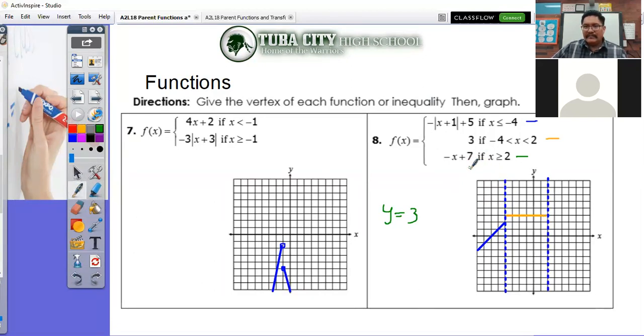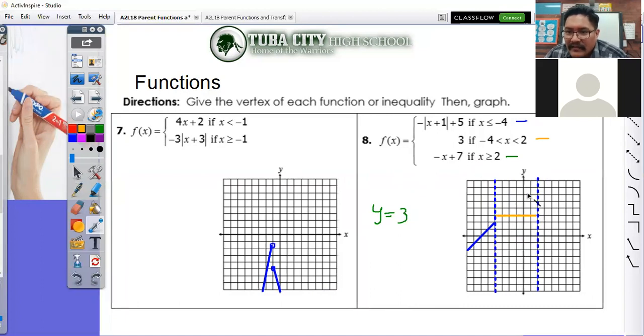Last one is for x is greater than 2, so that's this last area of the graph. It would look something like this. So go to 7 and down like that. That's what it would look like. But we're only going to start here, because again, it would go up to 7 like there.